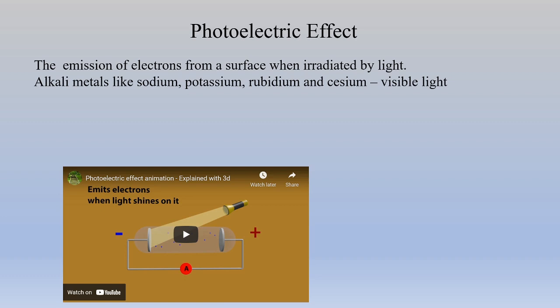That is the emission of electrons from a surface when irradiated by light. Not only these alkali metals, other metals like iron and copper also show the photoelectric effect. But here the light is not visible light; we have to irradiate these metals with ultraviolet rays or X-rays to remove the electrons from the surface.